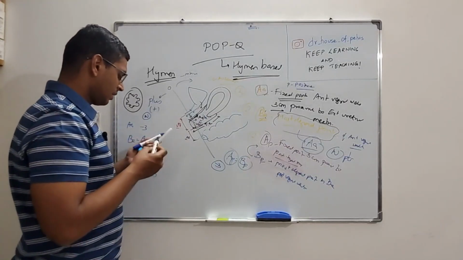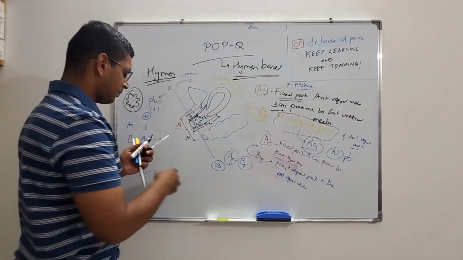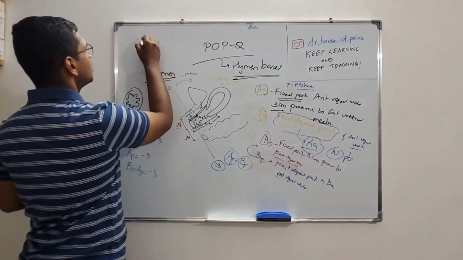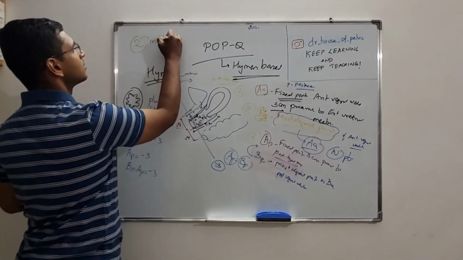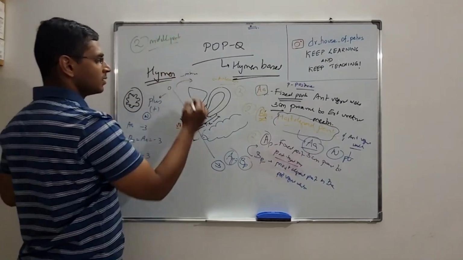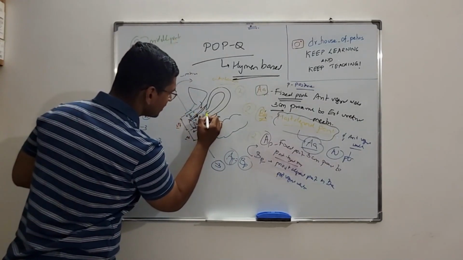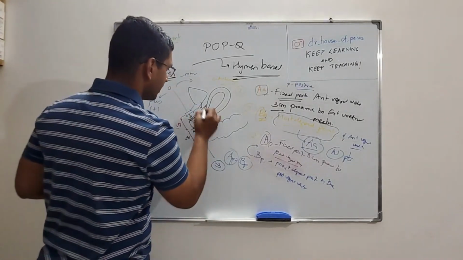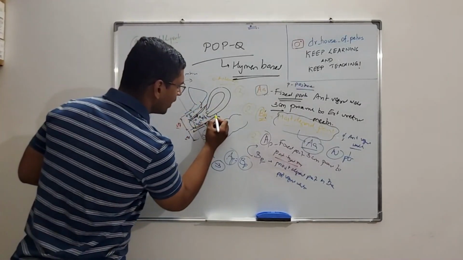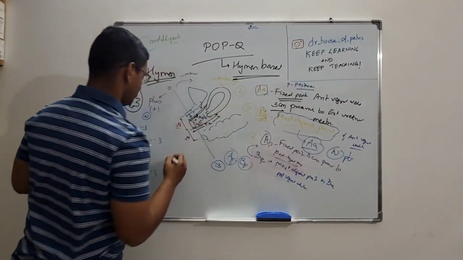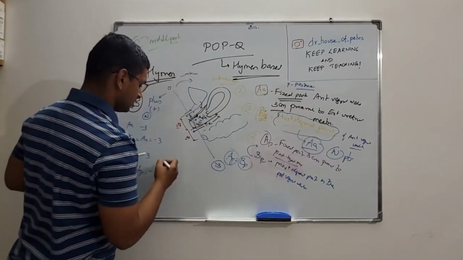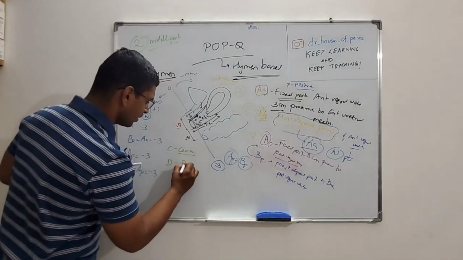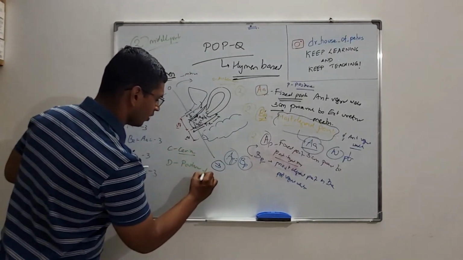That is, we have point C and point D. These are the two middle points. Right? So the point C is the level of the cervix. You know, the lowest point of the cervix will be denoted as point C, and point D corresponds to the posterior fornix. So C corresponds to the cervix, the most dependent part, and D corresponds to the posterior fornix.